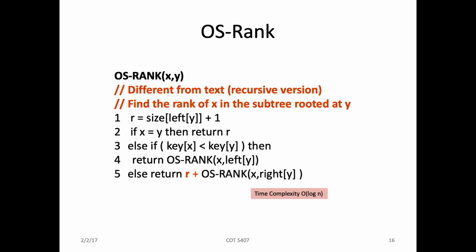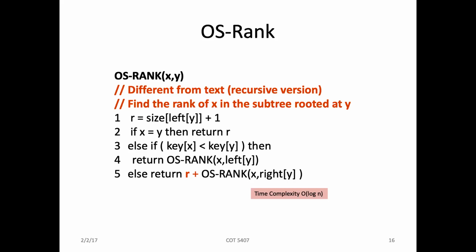I still have to figure out the rank in the right subtree, but I have to add some extra to it, because remember, its rank is going to be larger than the root. When we do the search in the right subtree, we'll figure out by how much it's larger than the root. Okay, I think that part is not so clear, is it?